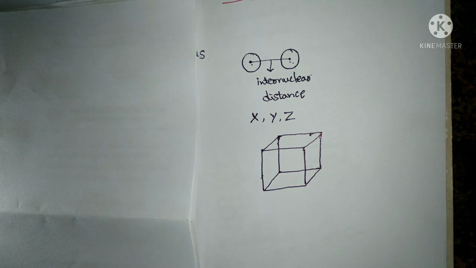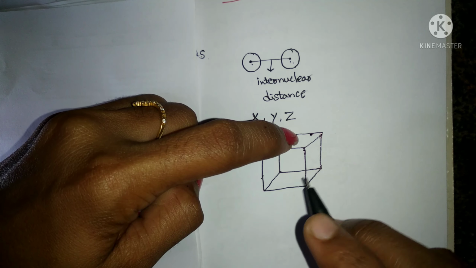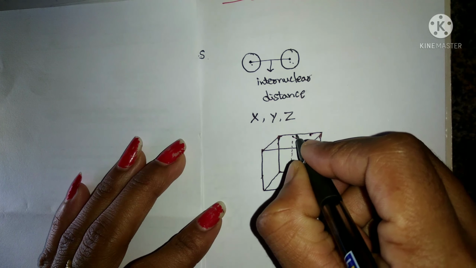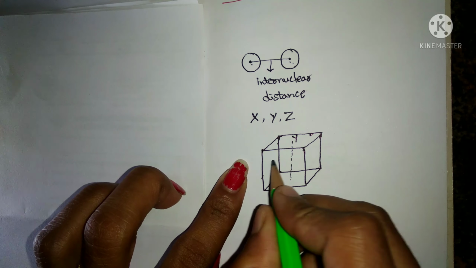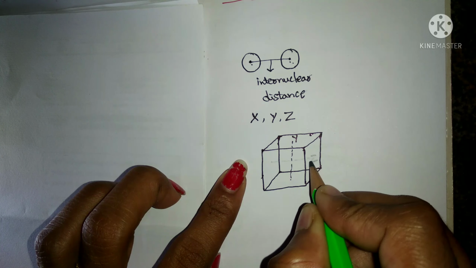Okay students, now this is one cube. Please observe, from top to bottom this is one axis. Generally we will consider this as the y axis. Similarly from this side to this side, horizontally, we will consider this as the z axis.